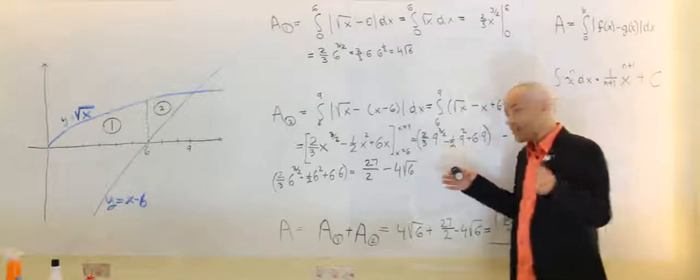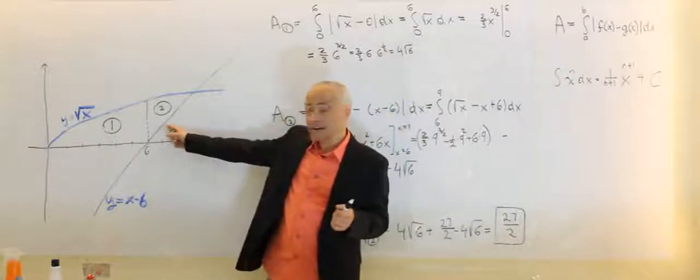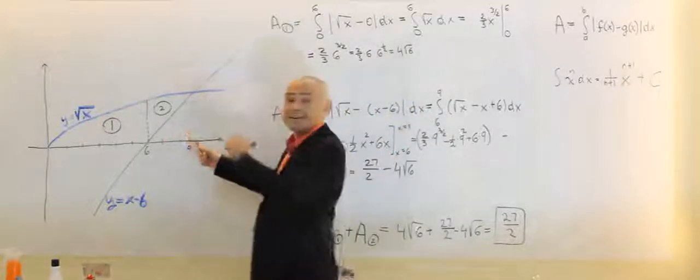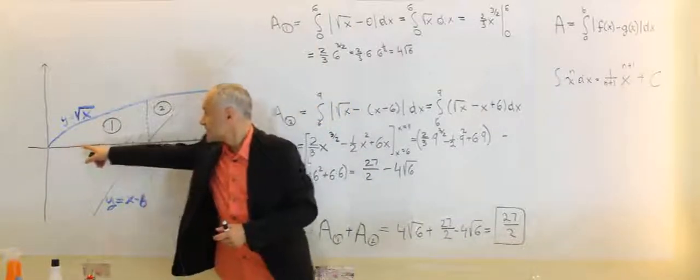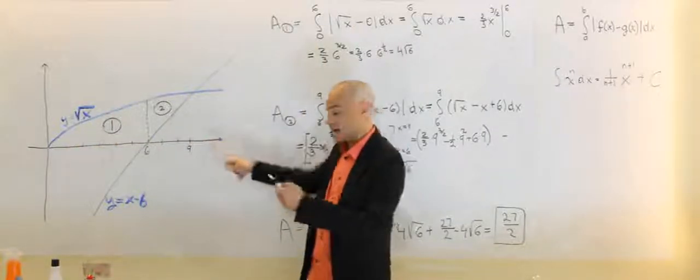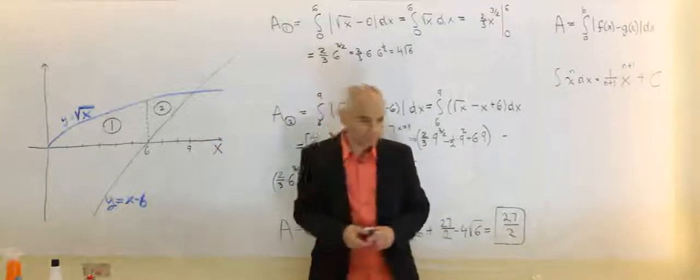If you are watching this video on a tablet, what you could do is take this picture and rotate it by 90 degrees so that the x-axis becomes vertical.